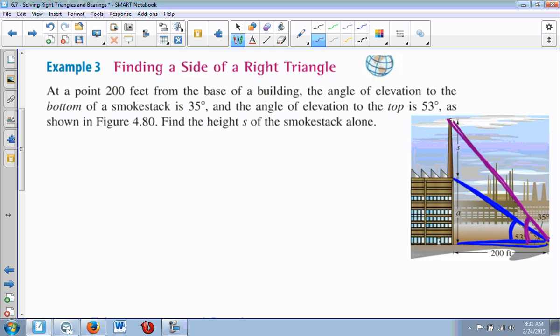So what we're going to do first is find the height of the entire thing together, smokestack and building. Then we can find just the height of the building and subtract the two. So first we're going to worry about finding the entire length, this entire height, which I'm just going to call x. We're going to use a tangent ratio because the x is the opposite side and the 200 would be the adjacent side.